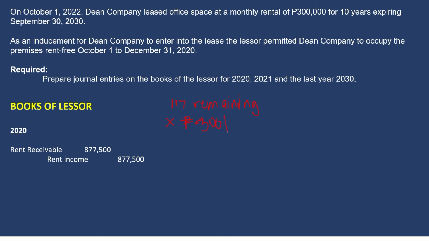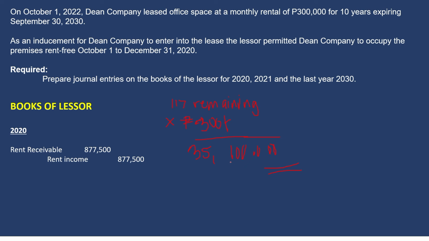That's 35,100,000. Therefore, ang total rent sa point of view ni lessor, nga imuhang ma-generate nga rent income sa whole lease contract is 35,100,000. Now, pila man ang annual? Okay.